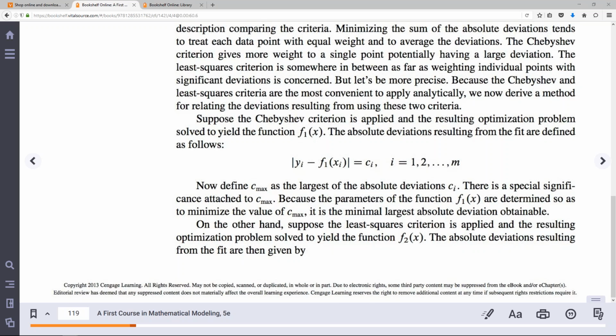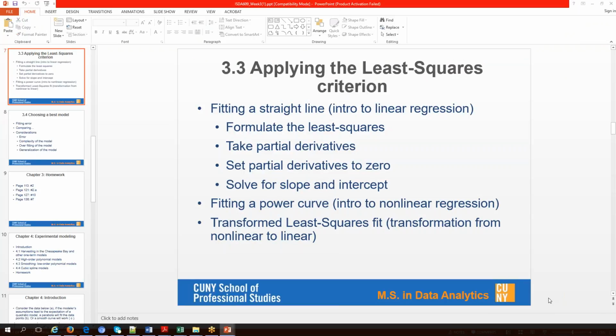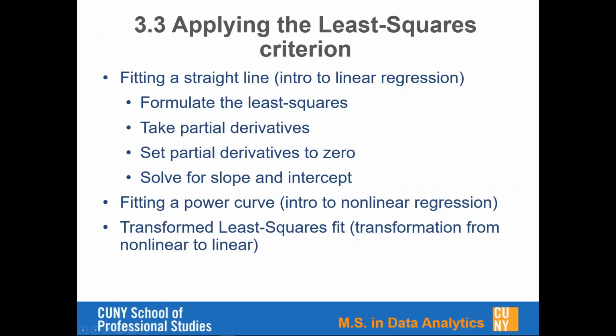I just want to quickly mention that apparently it's a quadratic function, and in order to get the minimum or maximum, you should formulate the least square. If you formulate the least square and take the partial derivative, and then set the first order partial derivative equal to 0, you can solve for slope and intercept.